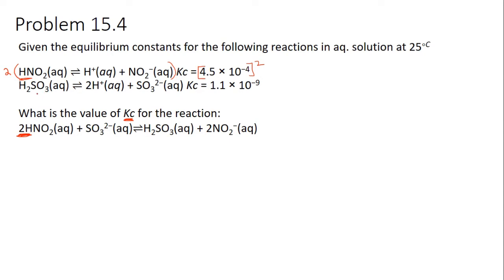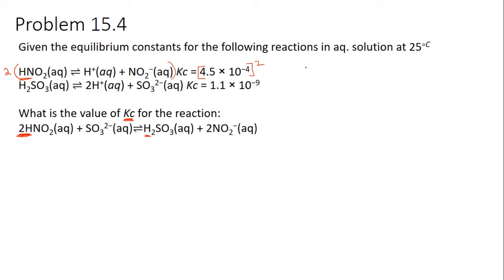And then the next thing we need to look at is in this next reaction, we have sulfurous acid as a reactant. And if we look down here in the reaction we're looking for, we have sulfurous acid as a product. So what we need to do is switch or flip this reaction.